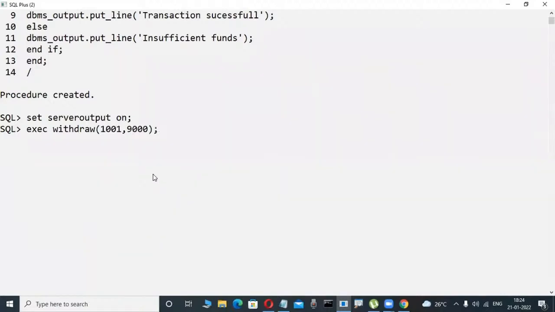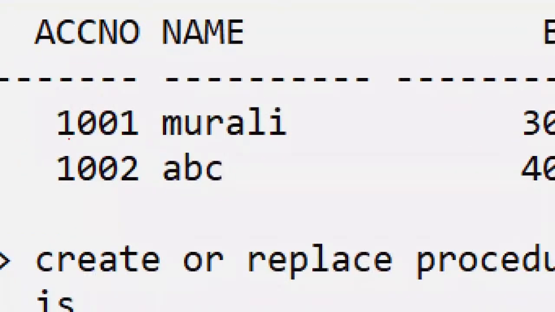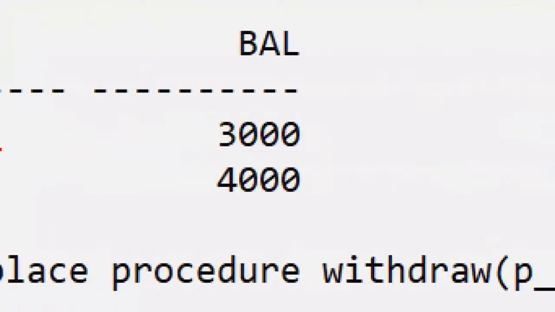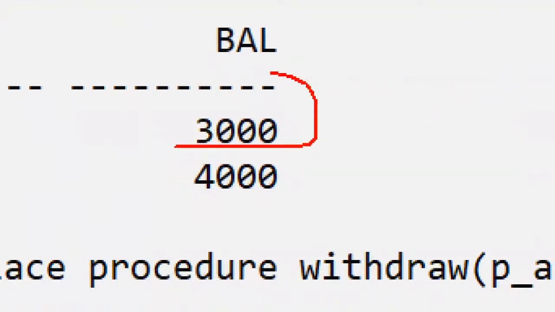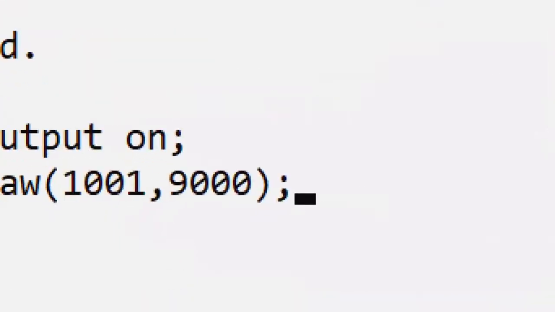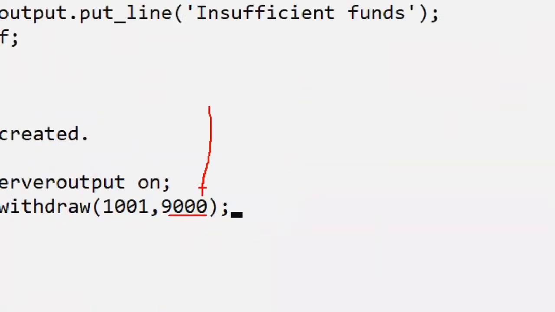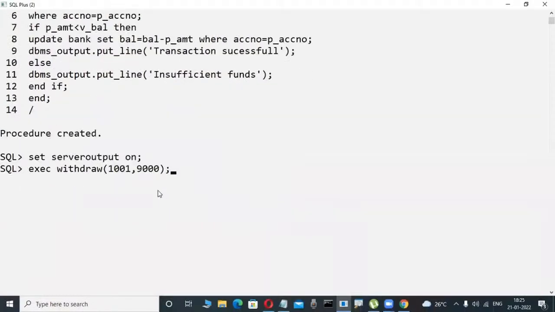Observe here, slowly, my account number in this table. Observe the scenario logically. 1001 is my account number. Murali is my name. My balance is how much? 3,000. In my table, 3,000 is the current balance. Now, my account number is 1001, but I try to withdraw how much? 9,000, because I'm writing this program. Don't worry. Whenever I try to withdraw 9,000, is it possible?